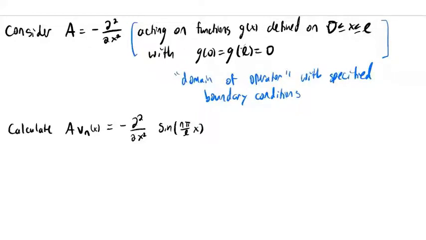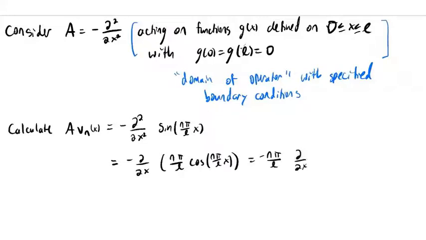And so, okay, let's calculate one derivative. Well, if I calculate one derivative, I have negative d dx of n pi over L times cosine of n pi over L x, just using the chain rule, right? Of course, I can factor out the n pi over L, and then I just have d dx of cosine of n pi over L x.